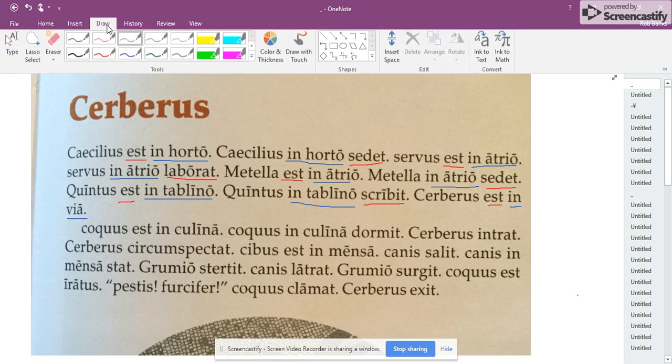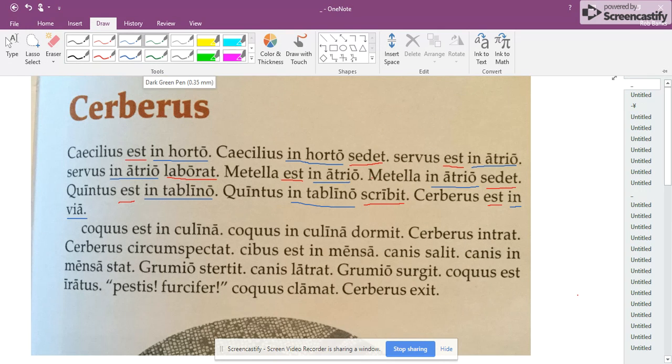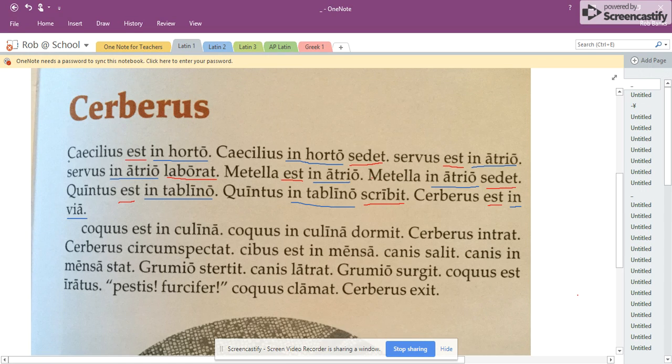All right. So other verbs. So what do we have? No, sorry, not verbs, nouns. So Caecilius, right? That's a noun. That's a guy, right? Okay, servus means slave. Metella, that's the wife of Caecilius.